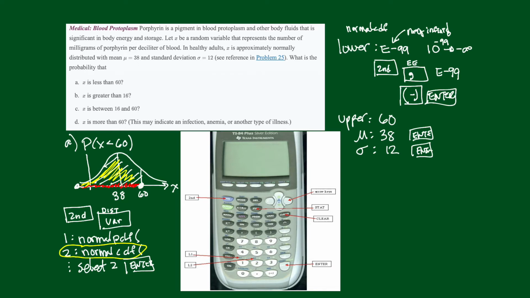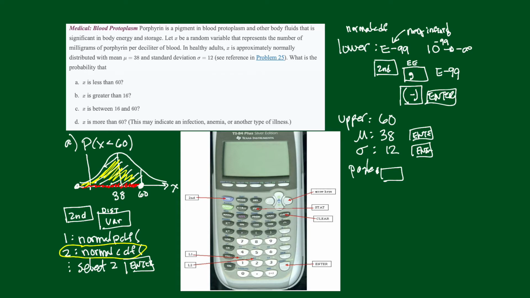Okay, and then you come down here and it says paste again. All right, so go ahead and press paste. Okay, so you come down, I'll do it on mine, enter. Now here's what I get on my calculator.